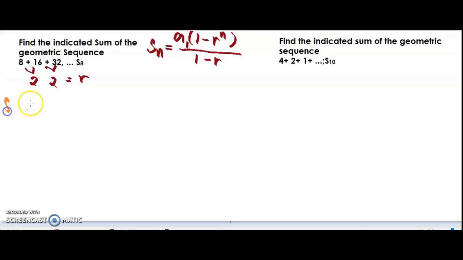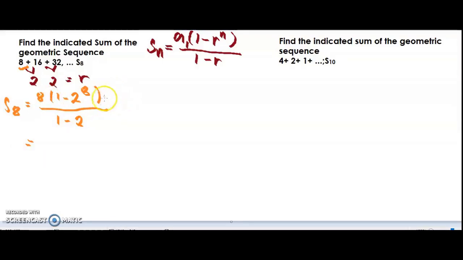So our formula is S sub 8 because we're looking for the sum of the first 8 terms. So our first term is 8 times 1 minus the common ratio, 2, raised to 8, over 1 minus 2.